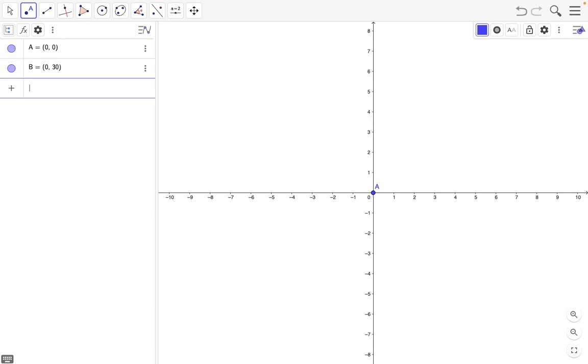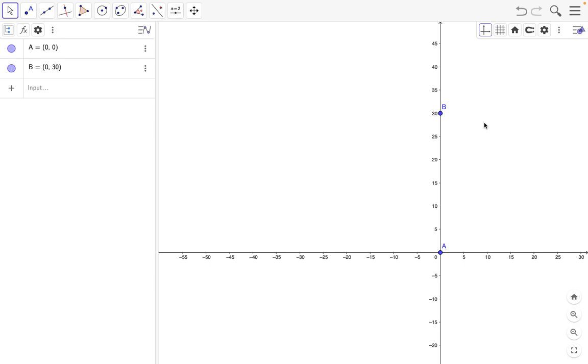It is a vertical line. So I will see that. Now we will join this with a segment. So you see this.